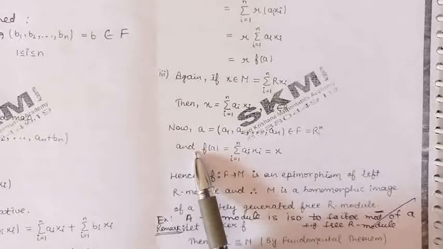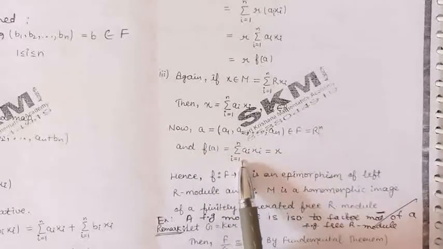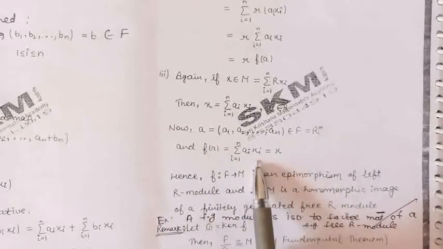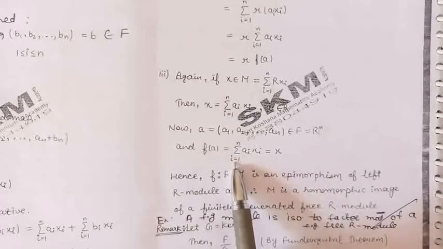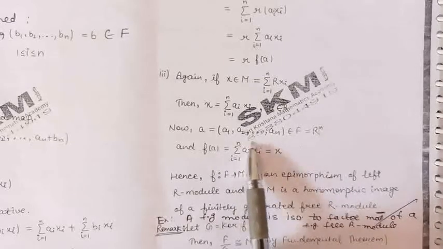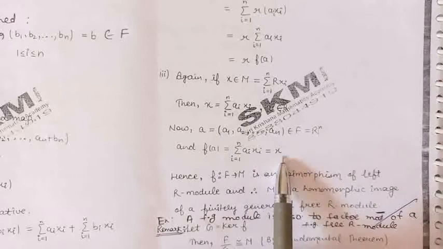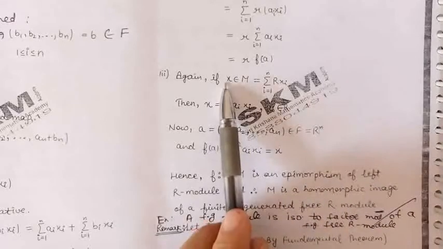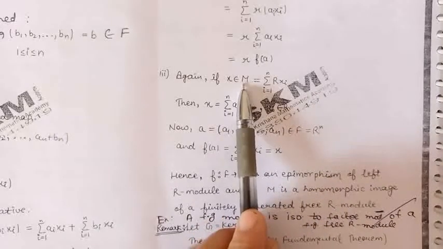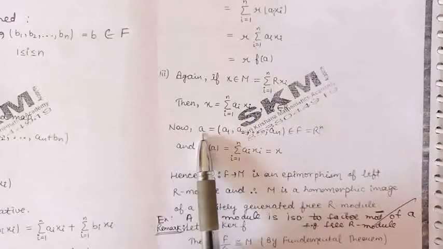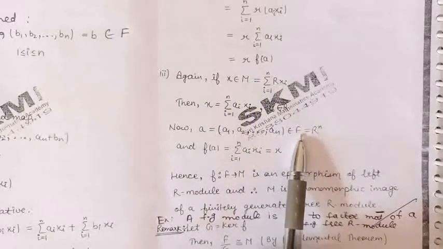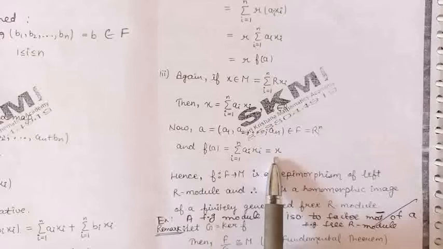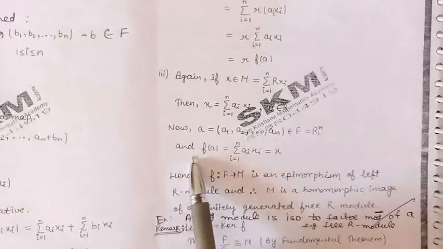Now let us find the image of this element under f. By definition of mapping f, this is given by summation a_i x_i, where i varies from 1 to n, and this element is x. So we have proved for x belonging to M, there exists an element a belonging to F such that x is the image of a under f.